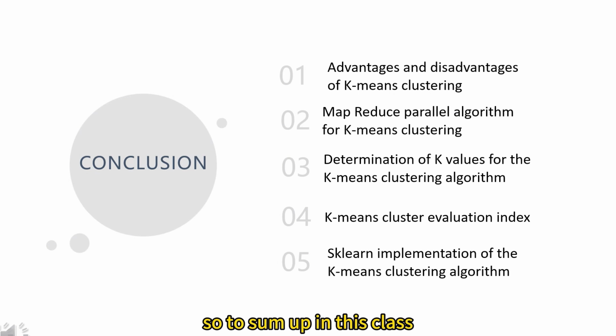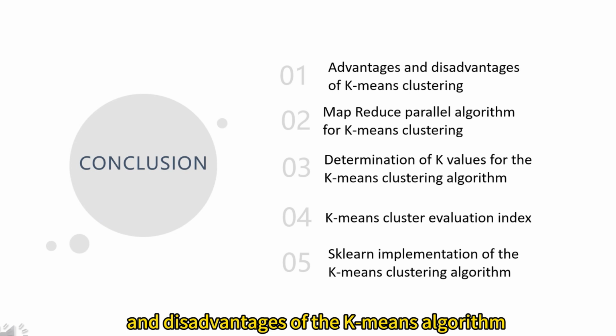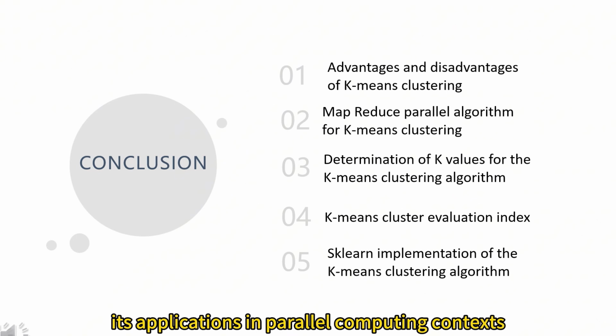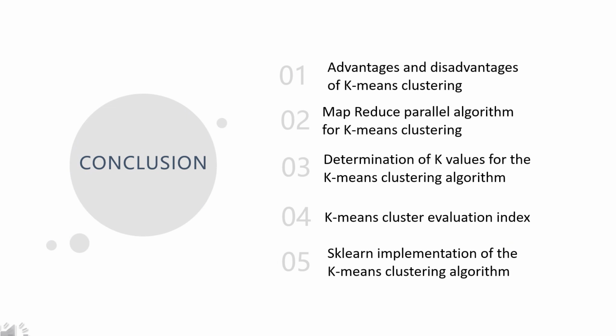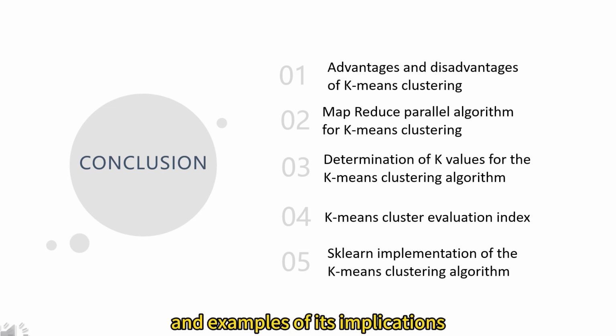So, to sum up, in this class, our main focus was to provide an understanding of the advantages and disadvantages of the k-means algorithm, its applications in parallel computing contexts, the selection of the k parameter, evaluation metrics for assessing the algorithm's performance, and examples of its implementation in the scikit-learn library.